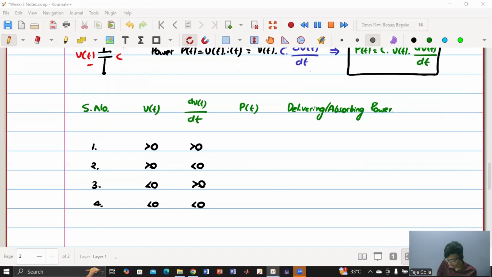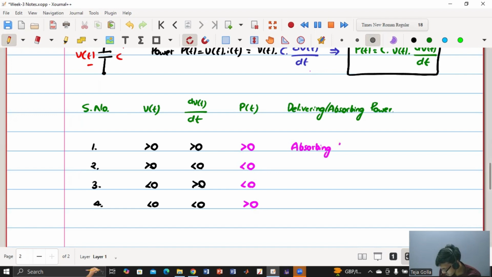Now P of t is the product of these two. If both are positive, it is positive. If one is positive and one is negative, negative. If one is negative and another is positive, negative. If both are negative, still positive. If power is greater than zero, it is absorbing power.